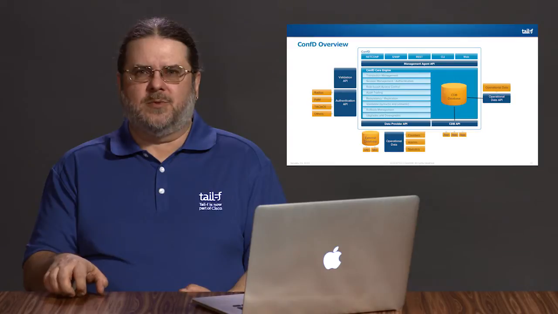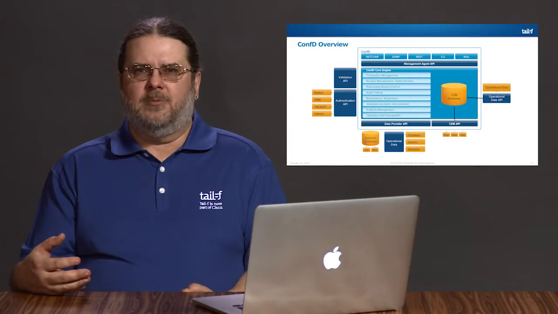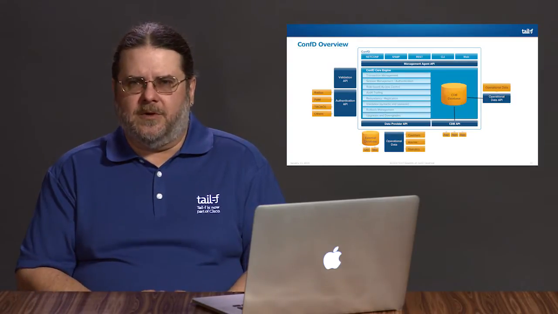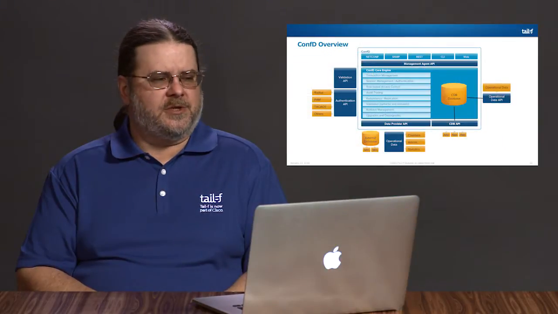It also makes writing our software code on the back end easier because we have the transaction system in place. At the heart of ConfD is that transaction engine. All configuration changes which go through ConfD are transactional. Whether we're using a transactional or a non-transactional user interface, it is still a transaction when it goes through the core engine.